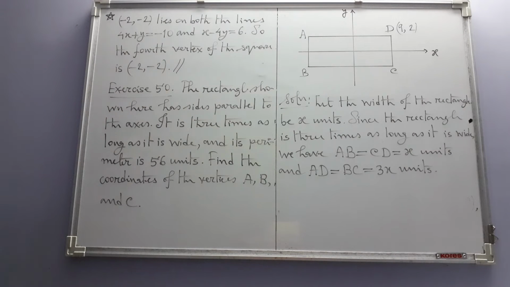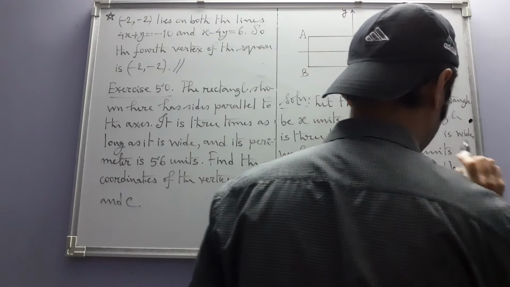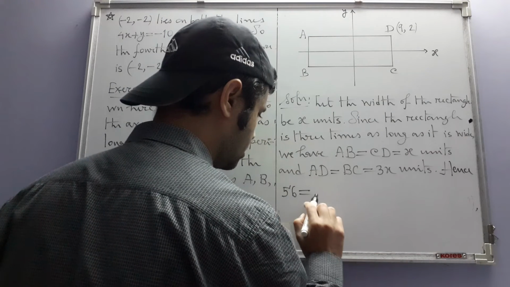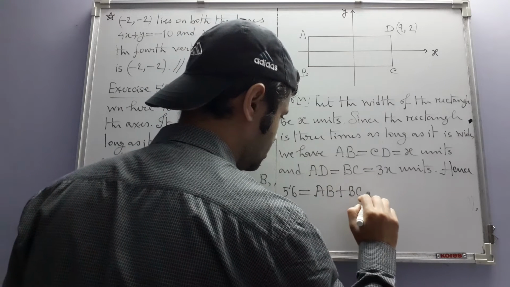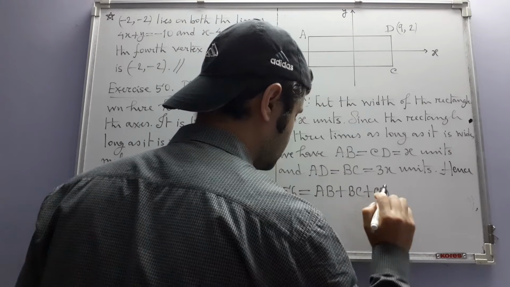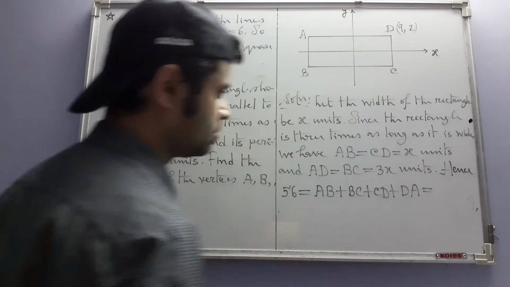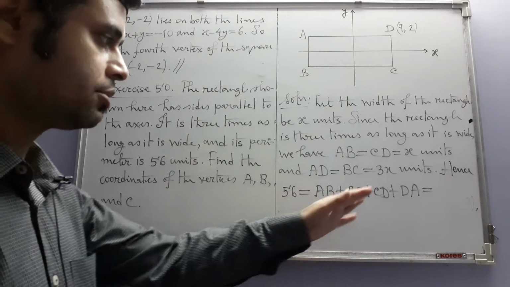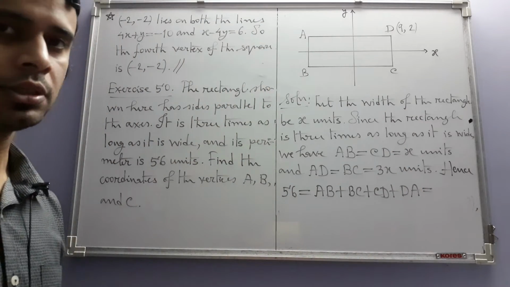Now it's given that the perimeter is 56. Hence 56 equal to AB plus BC plus CD plus DA. So it will be x plus x, not in this order of course. I mean you will have 2x's and 3x's.